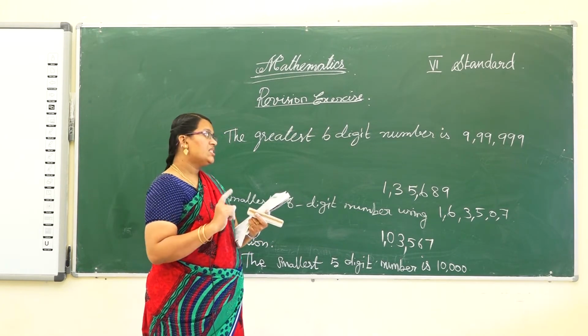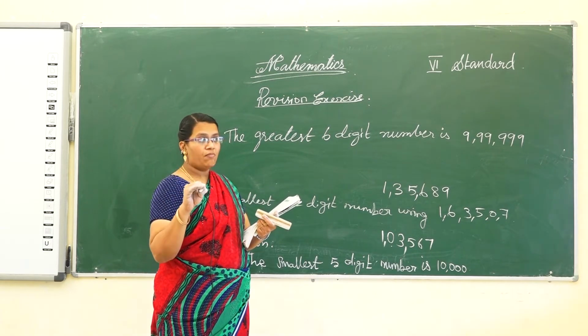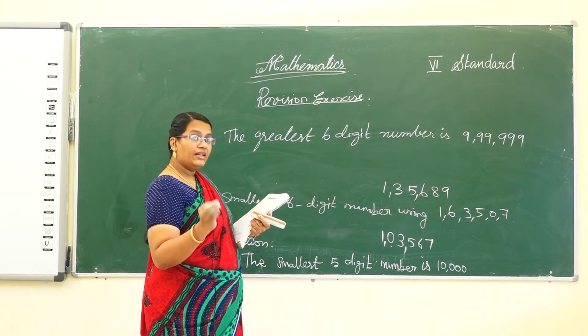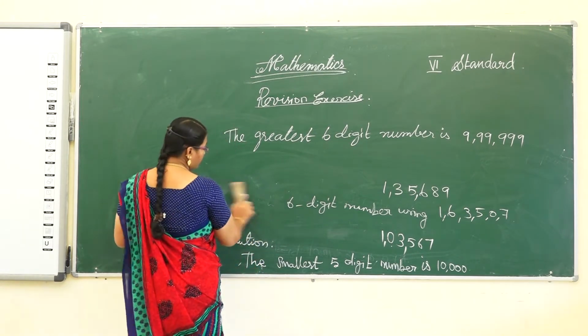Difference means subtraction. Find the difference between the smallest 5-digit number and the greatest 6-digit number. So I want to find out the subtraction.